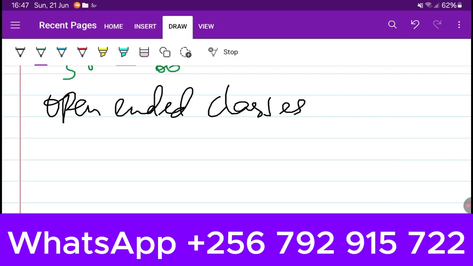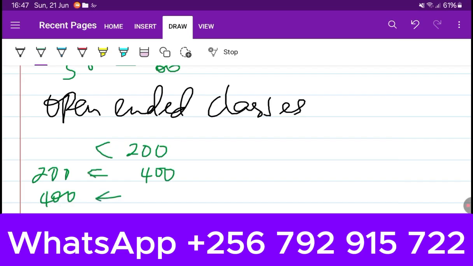And we've looked at some of them, and we said you can find classes that start with a less than sign, then maybe they give you 200, then 200 to, let's say, 400. Then 400 to, they could also use the same less than signs, maybe they put 600.